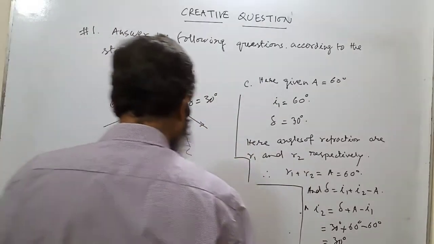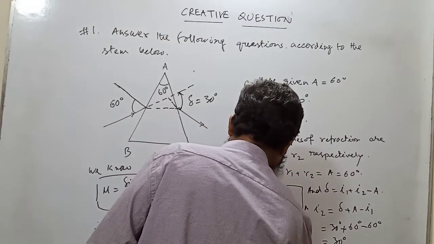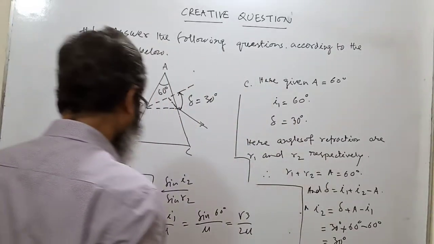Sin 60 is equal to root 3 by 2, that is root 3 by 2 mu, that is sin R1.